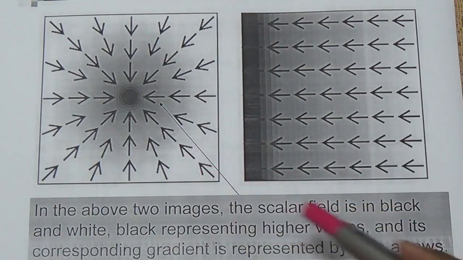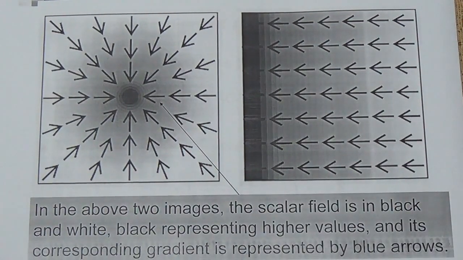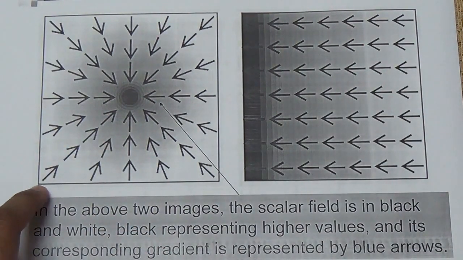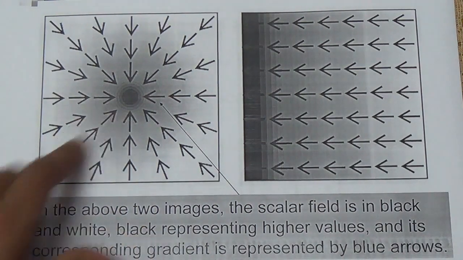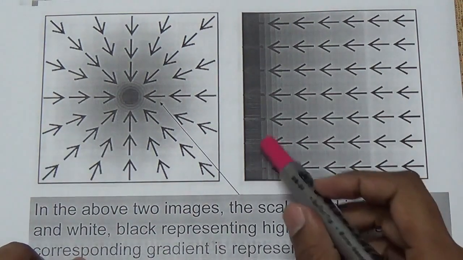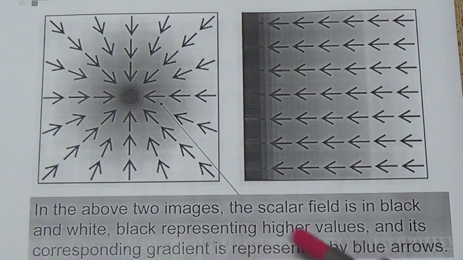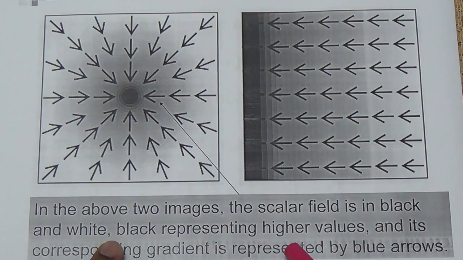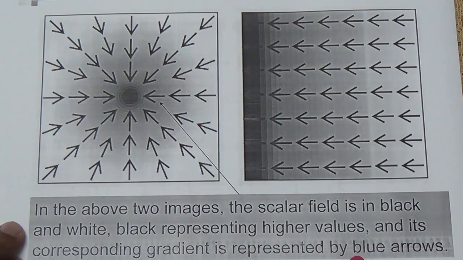So this is a best example to explain the gradient, the direction. Here in case of the potential, he has taken the gradient of this potential. So direction basically is indicating the maximum change towards the center. Here maximum change is towards the higher temperature. So in the above two images, the scalar field is in black and white, black representing higher values, and its corresponding gradient is represented by these arrows.